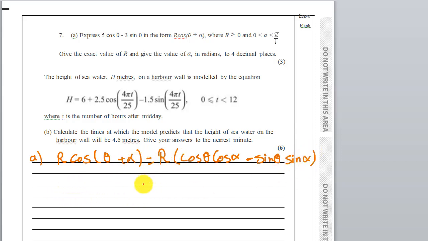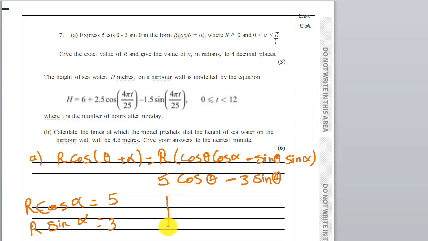So we have in the expression 5 cosine theta minus 3 sine theta. So from here R cosine alpha is equal to 5 and R sine alpha is equal to 3.